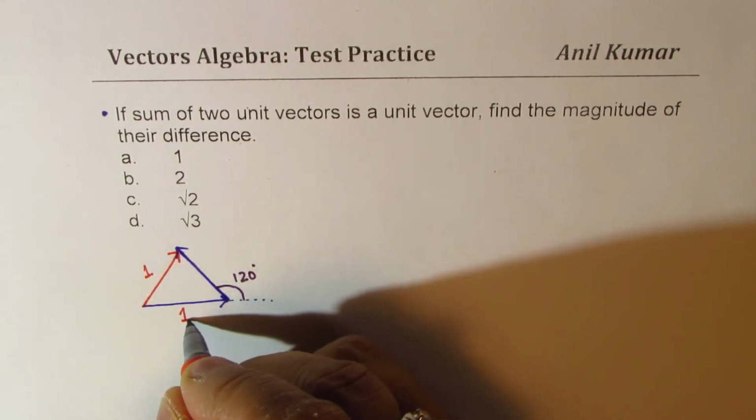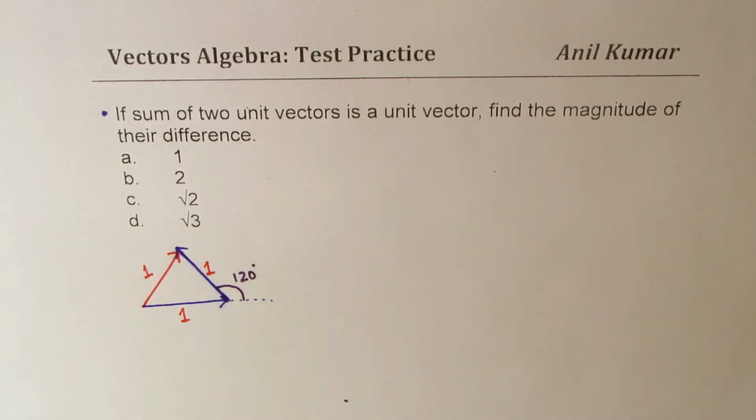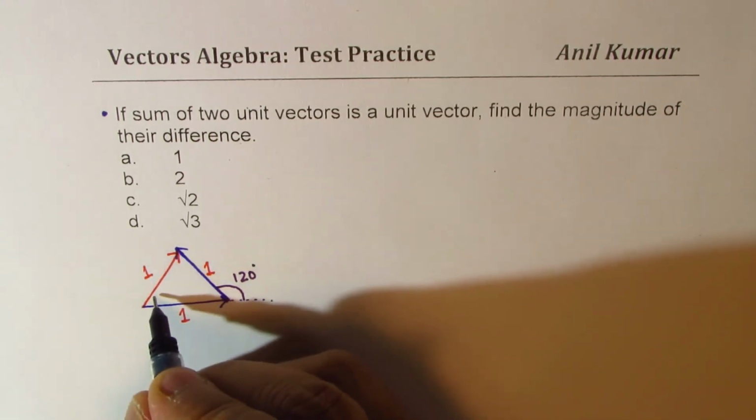So what we'll notice here is that we get a unit vector with angles inside the triangle being 60 degrees.